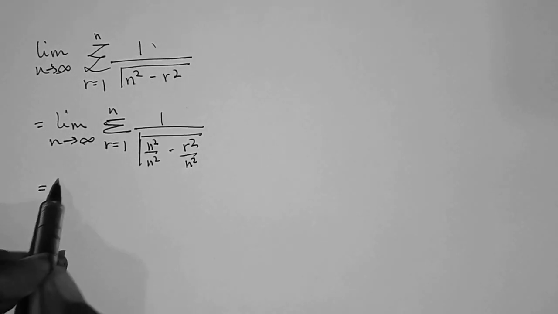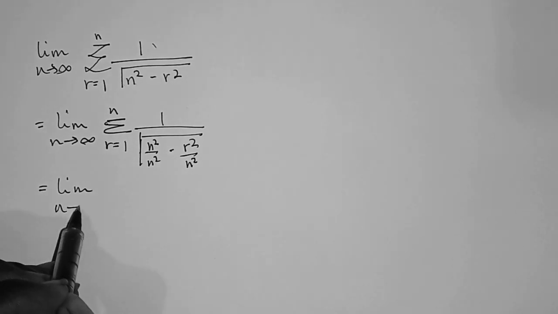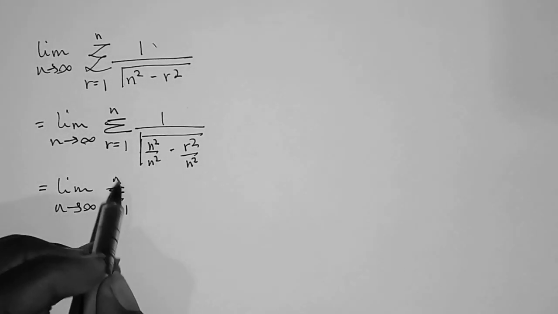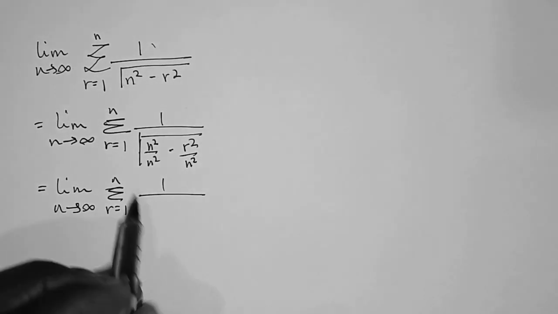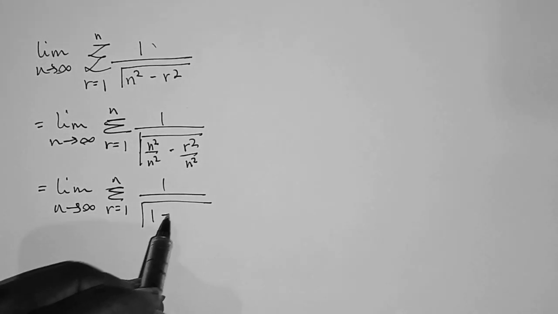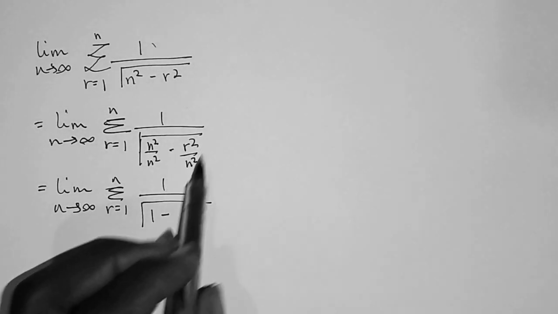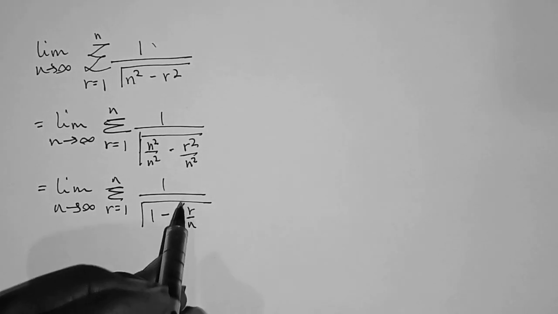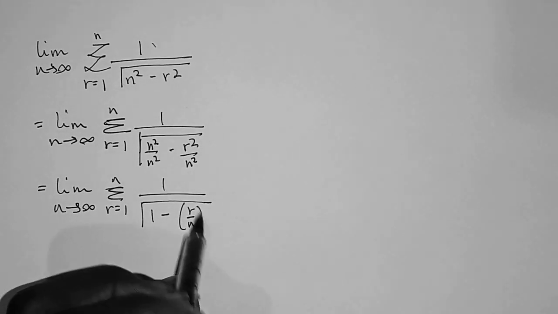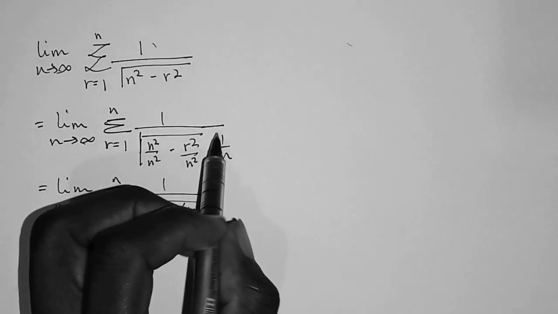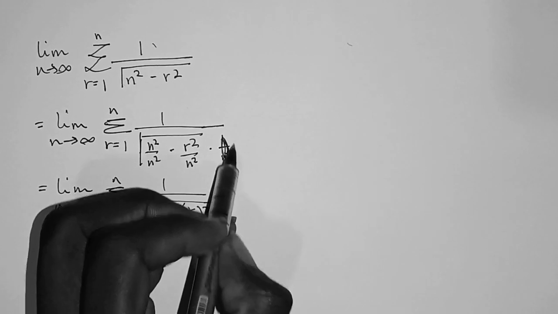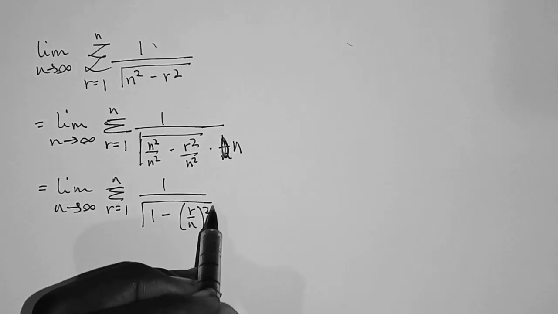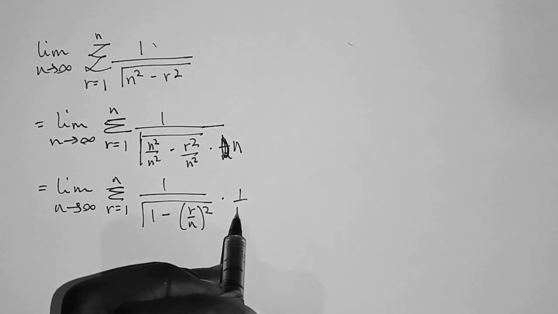So this is equal to limit as n approaches infinity of sum of r equals 1 to n, 1 divided by square root of 1 minus. Now I want to write this as (r over n) squared. However, here is times n, and that will mean that this one is also times 1 over n.